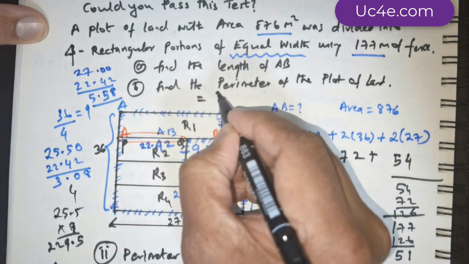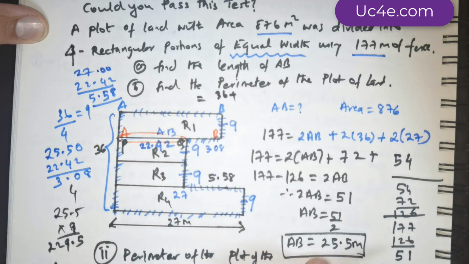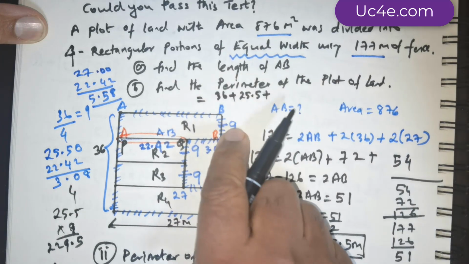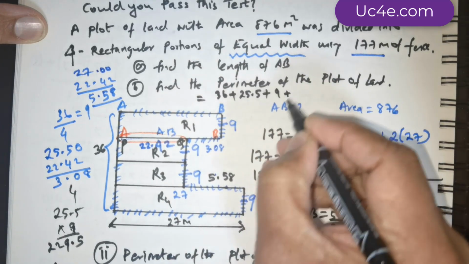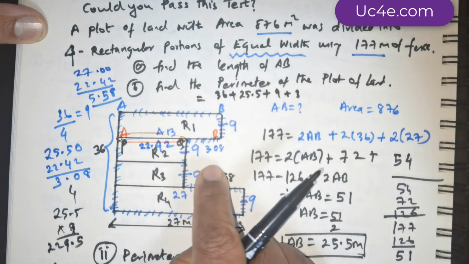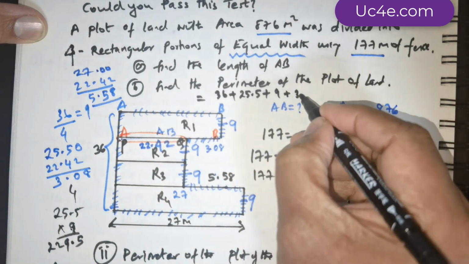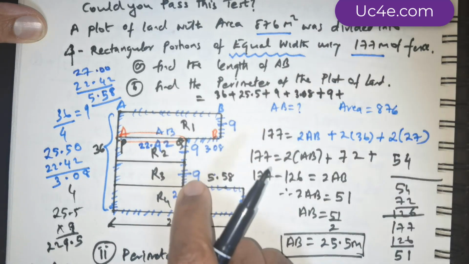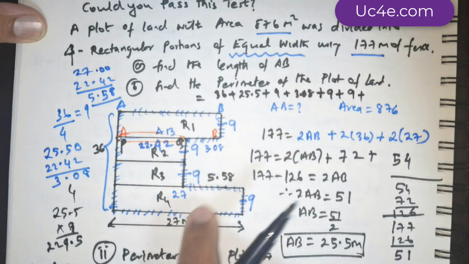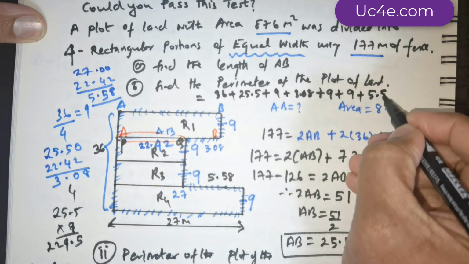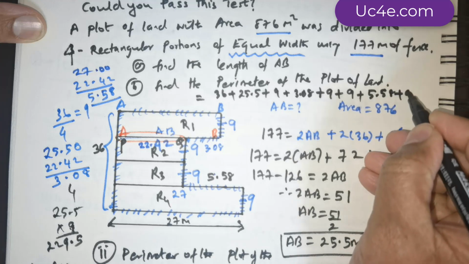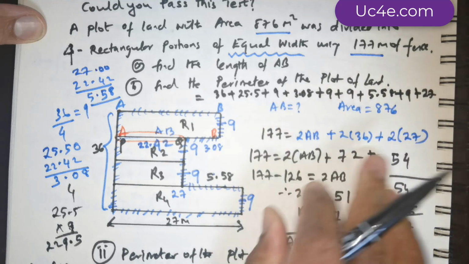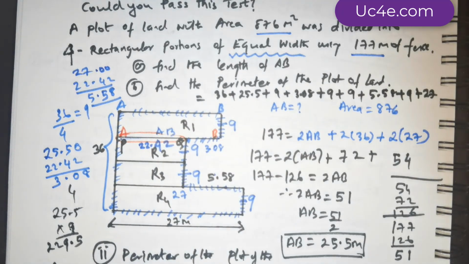This distance 36 plus this distance, which is 25.5, plus this 9 plus this one, this part 3.08 plus 9 plus 9 plus 5.58 plus 9 and plus 27. So now the question comes, we need to add all of this.